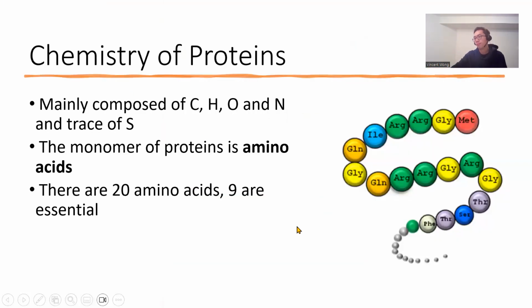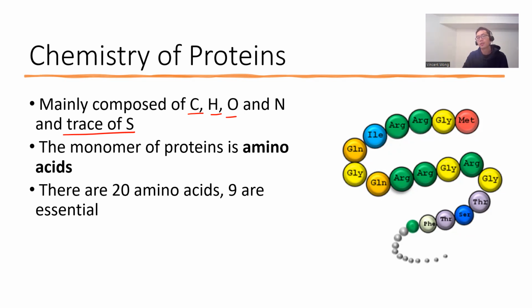So proteins, they contain CHNO. And by now you should kind of see the trend, right? All the macromolecules have these triplets. They always have C, H and O. But for protein, there is also nitrogen, and trace of sulfur.